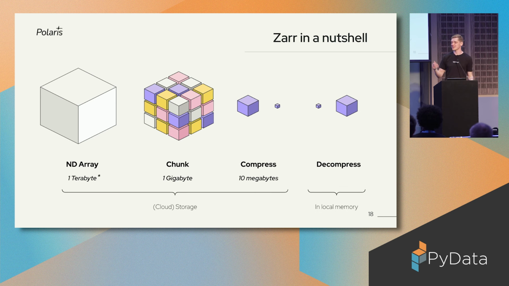Why that's cool is because it allows you to trade off the performance penalty you get because of the decompression and the compression, while also improving the speed by which you can transfer this data across the internet. So you can actually host this terabyte-sized data somewhere in the cloud. And whenever you need to access part of it, you just pull that compressed chunk down to your local machine, you decompress it, and then you can start working and operating on it.